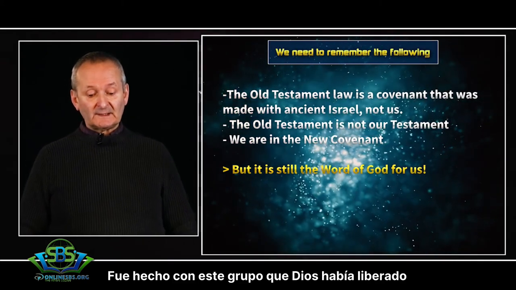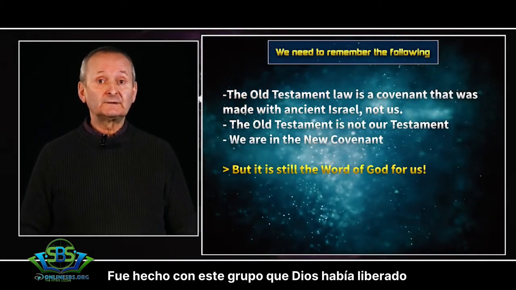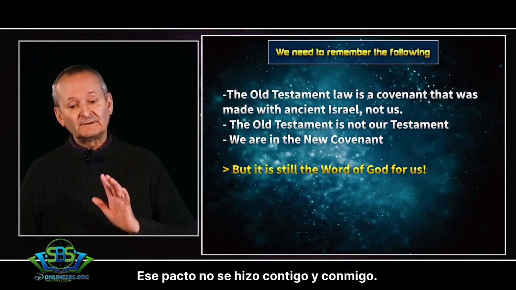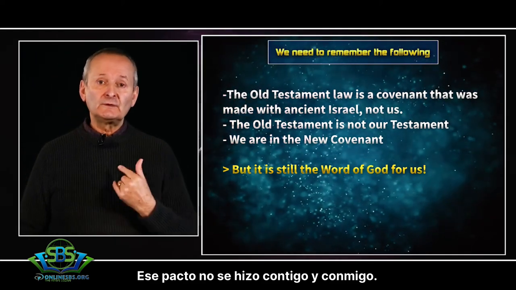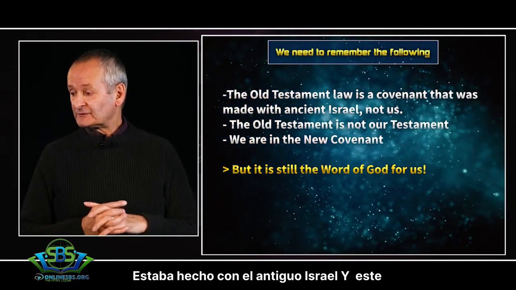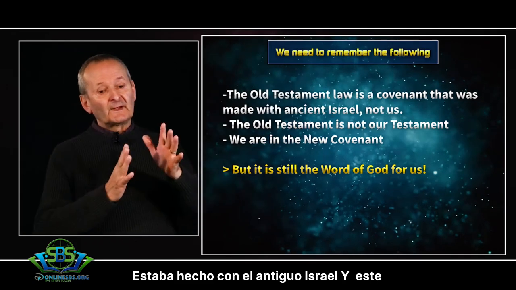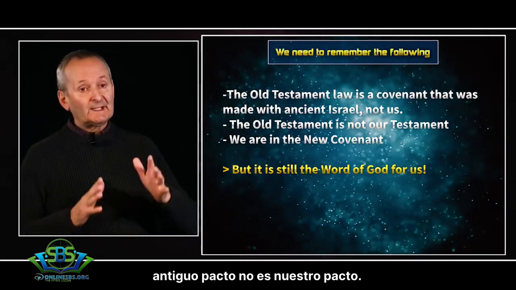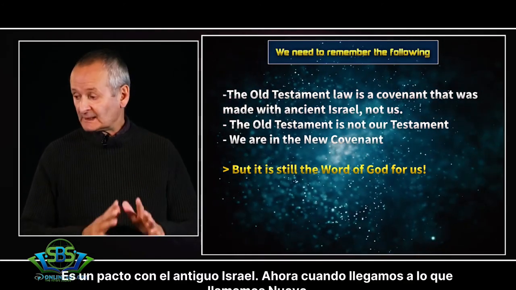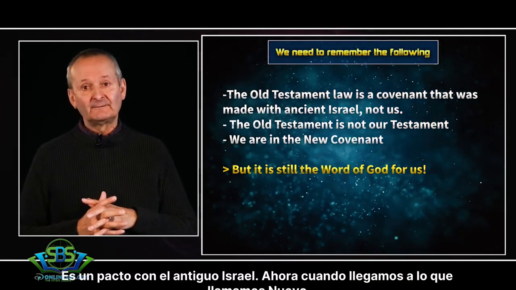It was made with this group that God had freed out of Egypt. That covenant was not made with you and me; it was made with ancient Israel. And so this old covenant is not our covenant. It is a covenant with ancient Israel.